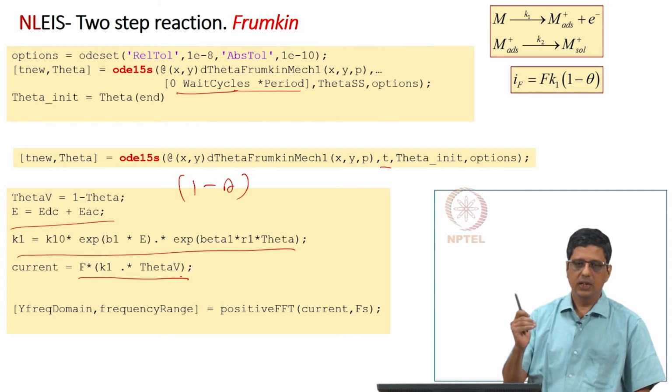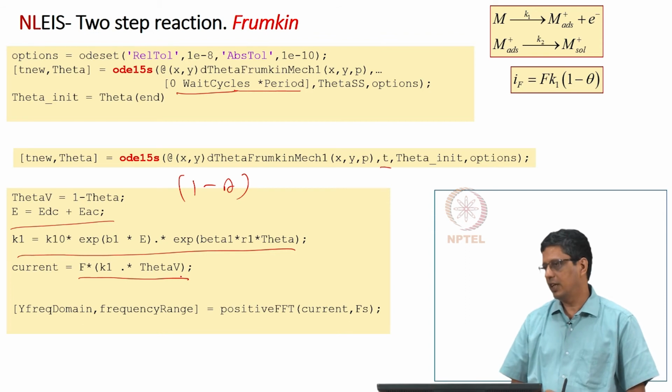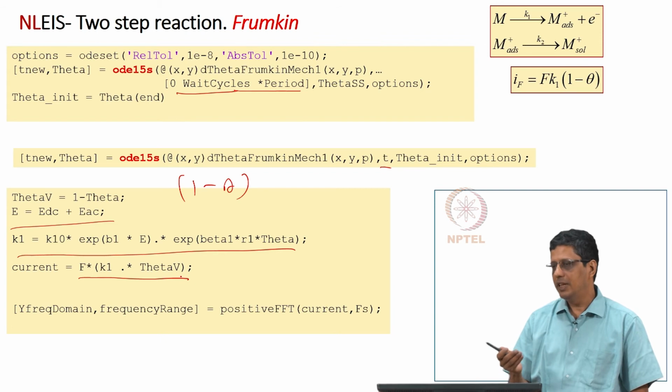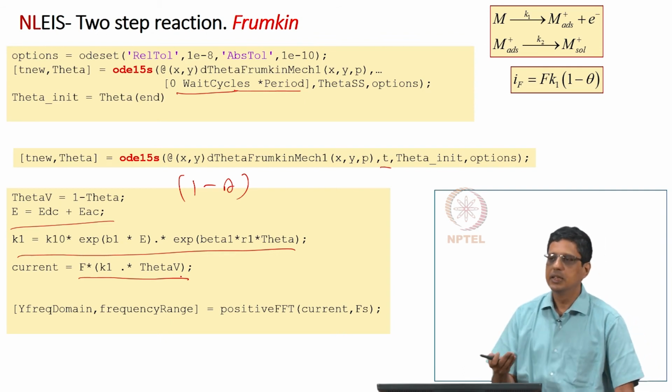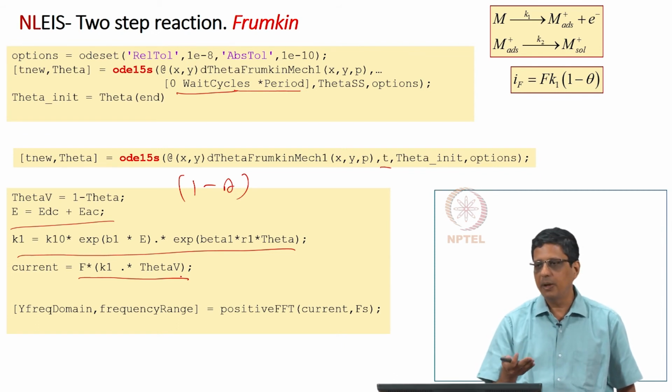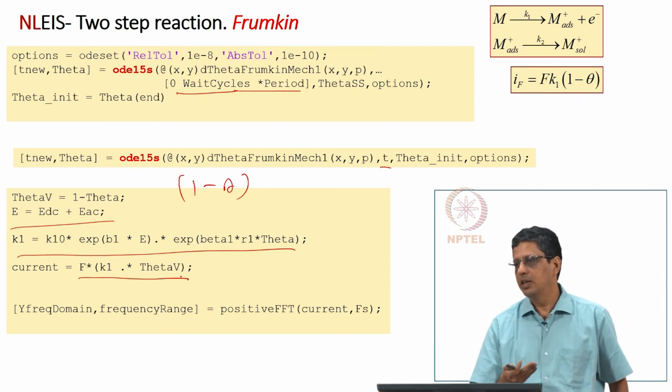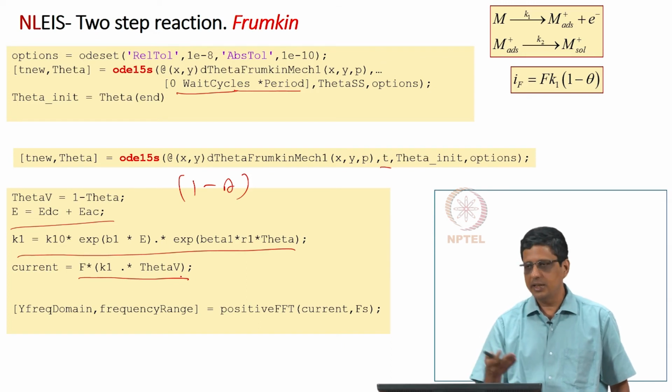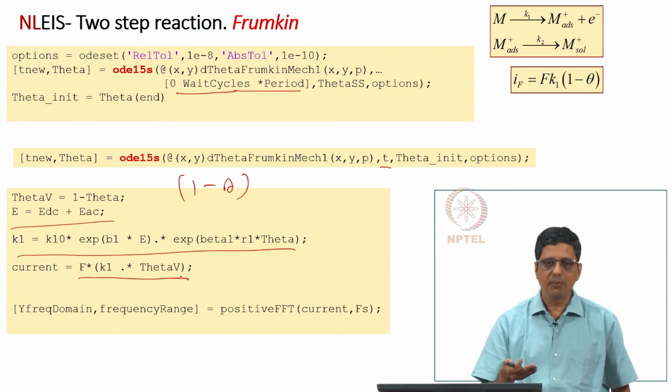You have to do the integration with the correct expression for the k1 and k2. Otherwise, whatever we have done with Langmuir isotherm model for small or large amplitude perturbation, we have to use the same methodology here. So, that way numerical method is pretty much the same, there is no extra difficulty in applying it for a Frumkin or Temkin isotherm model or any other isotherm model compared to applying it for a Langmuir isotherm model.